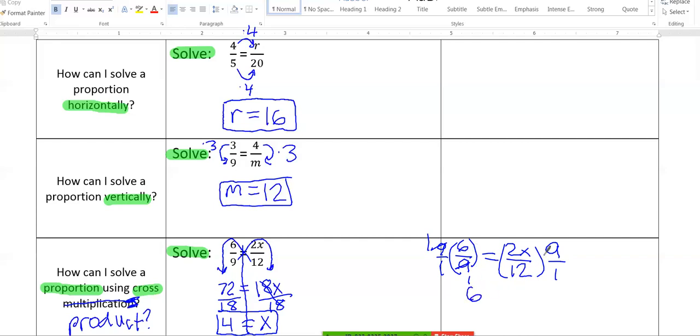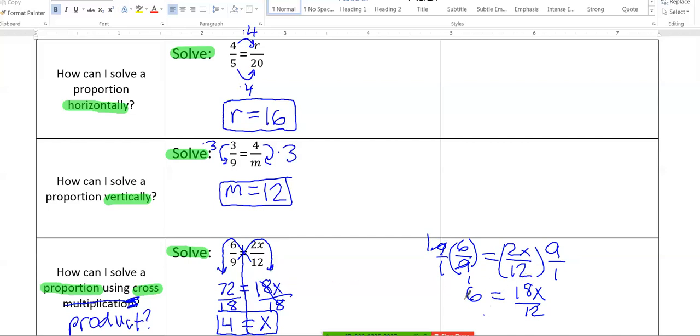But look over here. When you multiply by 9 over 1, what is that 9 multiplying? 2x. That becomes 18x over 12. So let's think about what happened. The 9 down here cross-canceled. It kind of went up here and multiplied the 2x. So 9 times 2x is the 18x.